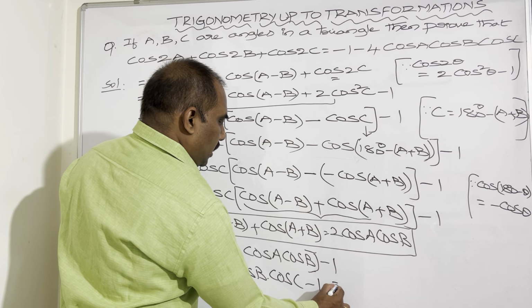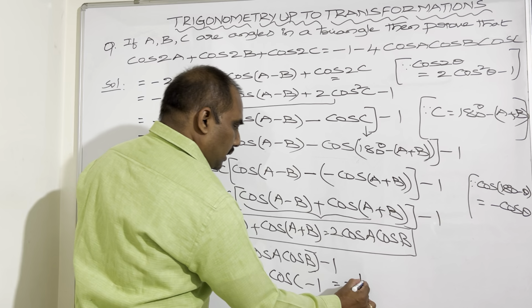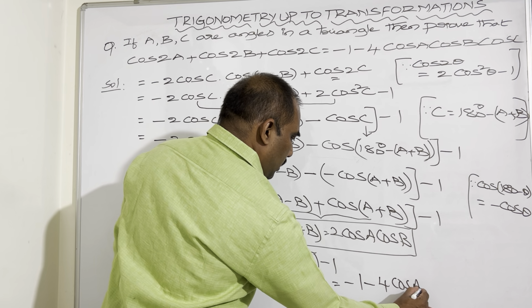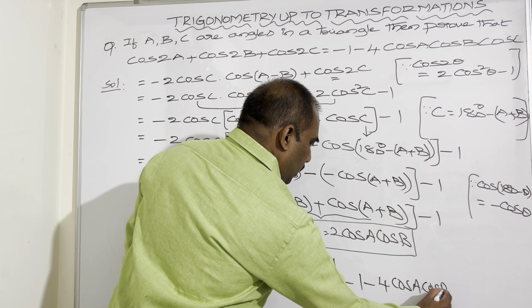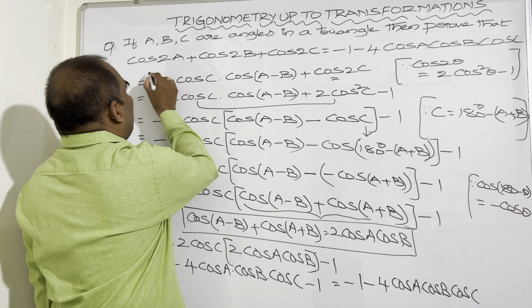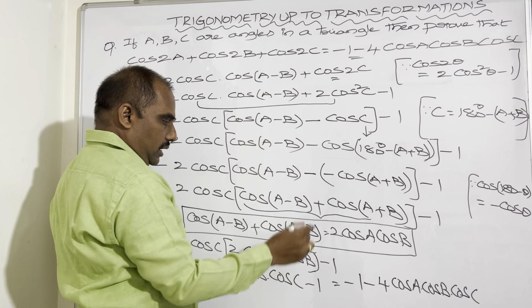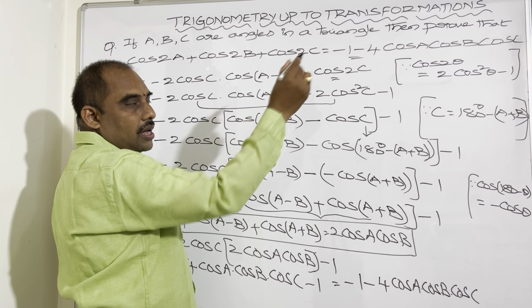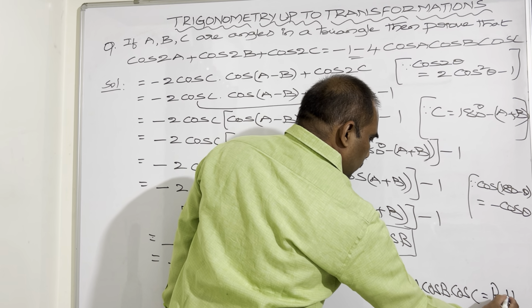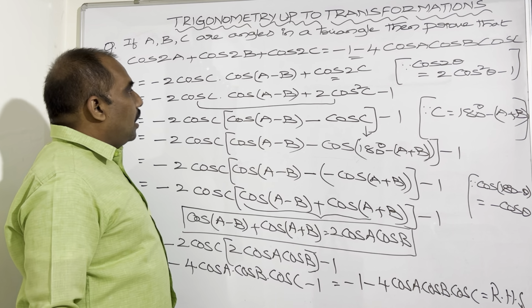This minus 1 can be written as the second term: minus 4 cos A cos B cos C. Observe here, in the problem also, the right hand side is minus 1 minus 4 cos A cos B cos C, which is equal to RHS. Like this we can prove, therefore LHS is equal to RHS.